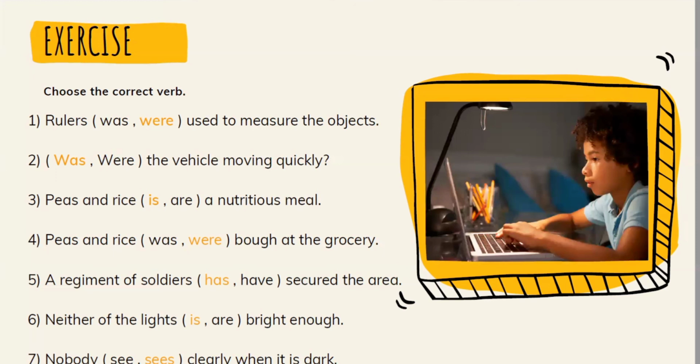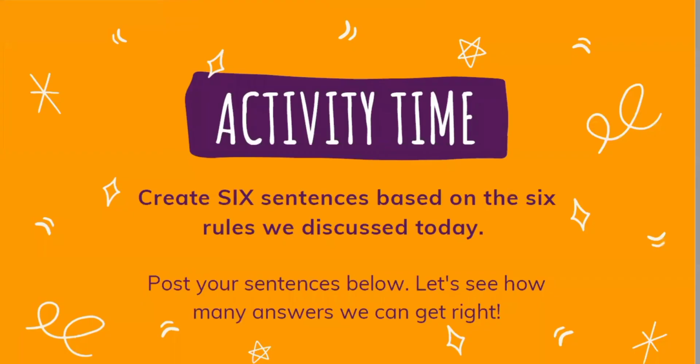Number 5, a regiment of soldiers has secured the area, because it's one group of soldiers. Number 6, neither of the lights is. Neither of takes a singular verb. Number 7, nobody see or sees clearly when it is dark. Nobody takes a singular verb.